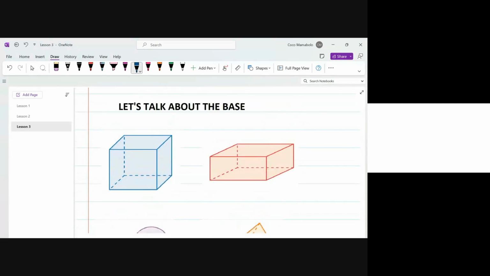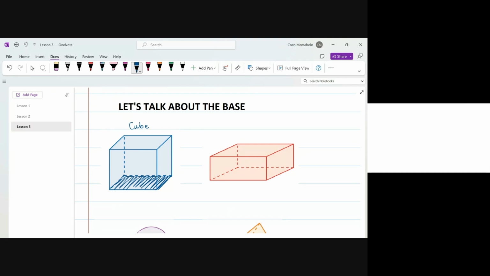I know that this shape over here is a cube. Now, if I look at my cube, what is the base shape of my cube, guys? What is the base shape? A triangle? It's a square, exactly.